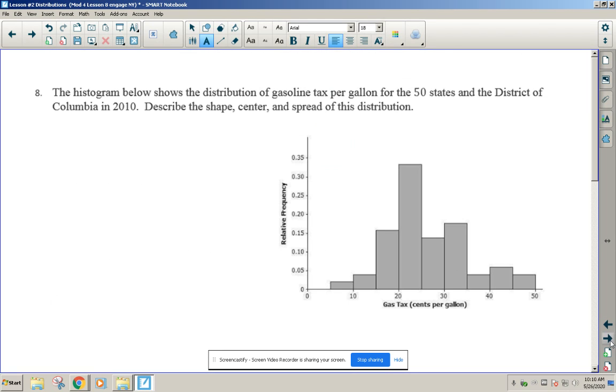Let's take a look at 8. The histogram below shows the distribution of gasoline tax per gallon for 50 states and the District of Columbia in 2010. So they actually went and found this data, so this is true data. Describe the shape, center, and spread. So now what we want you to do is try to analyze this a little.